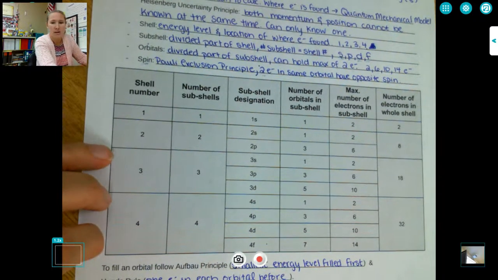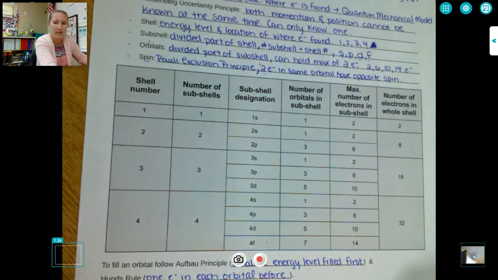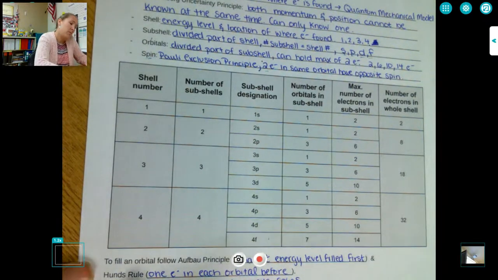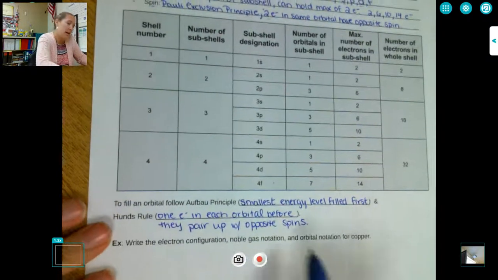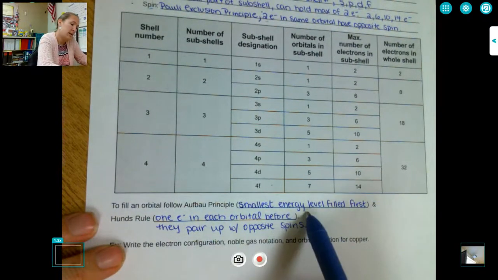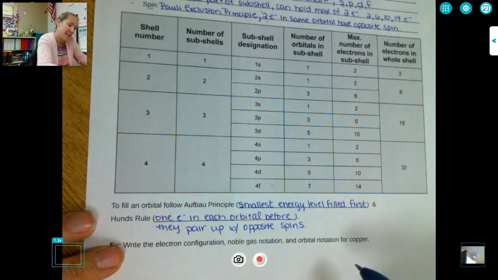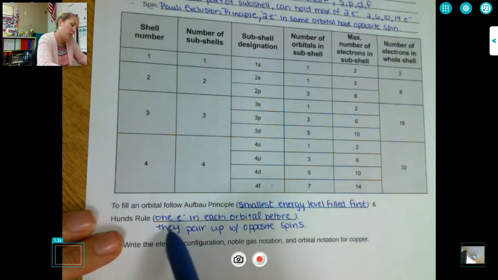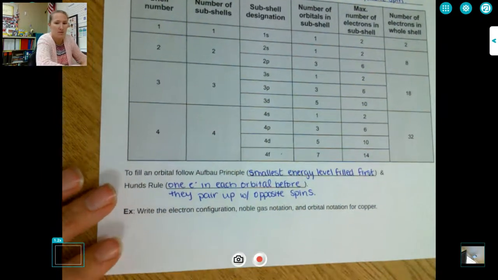And this is just a summary of how we figured out electron configurations and orbital notations last year. And we'll go over that in a second here at the bottom. Remember that to fill an orbital, we follow Aufbau's principle. And he said that we fill the smallest energy level first, and then we use Hund's rule, where we put 1 electron in each orbital before we start pairing them up with opposite spin.